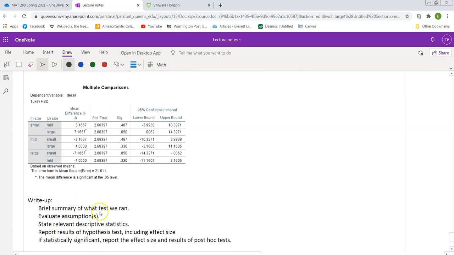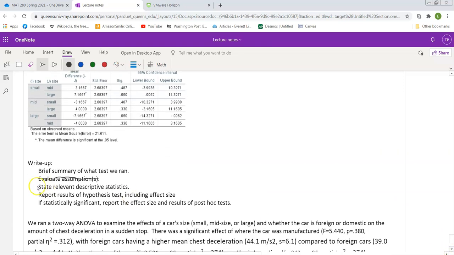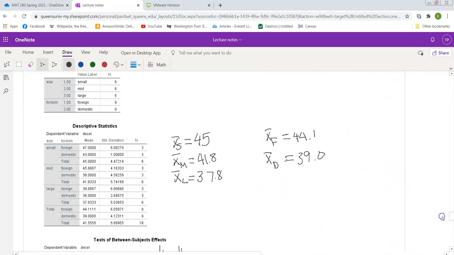So for the write-up, we're going to do exactly what we did before. Start with a brief summary, talk about your assumptions, although we know that in this case we don't have to evaluate those because, yay, Excel was broken. Make sure you state any relevant descriptive statistics. I would not state all of these.